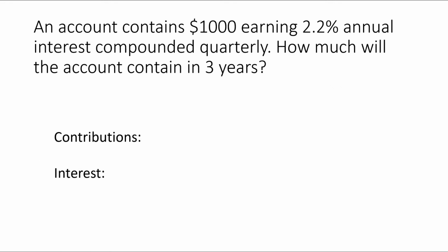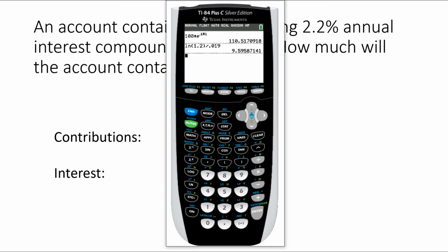All right, so let's jump back up. An account contains $1,000 earning 2.2% annual interest compounded quarterly. We want to know how much will the account contain in 3 years. So it's compounded quarterly. That is a finite number of times, which means we're going to use the TVM solver. So we'll press Apps, then select Finance, and then select TVM solver.